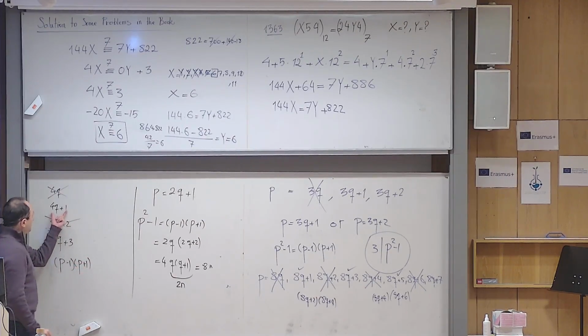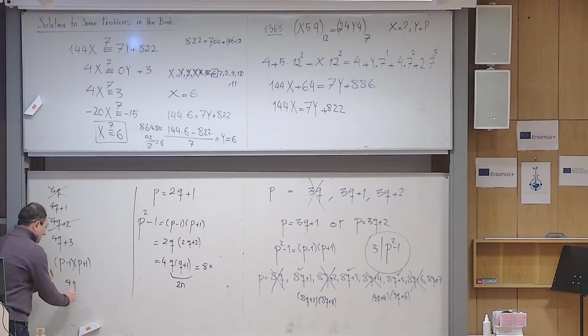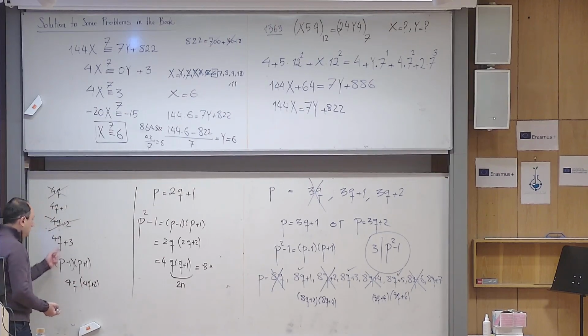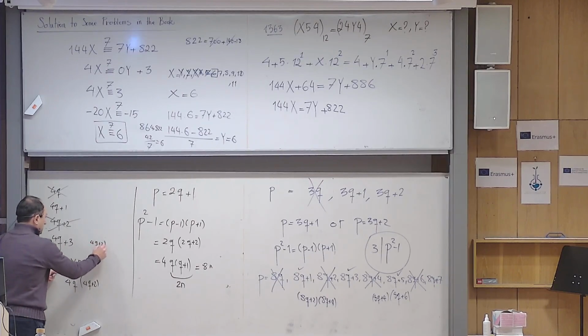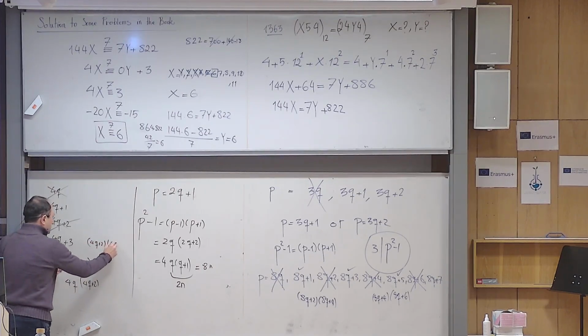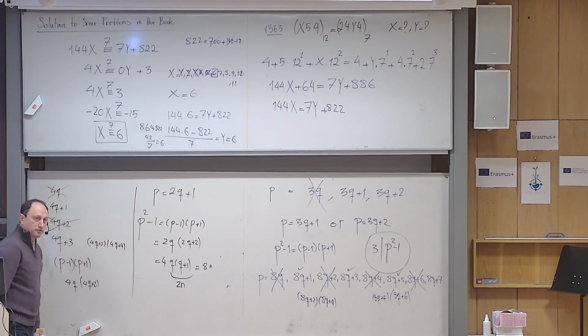If my number is of this form, this becomes 4Q and this becomes 4Q plus 2. I factor a 2, I have my factor of 8. If this is my number, then this becomes 4Q plus 2, and this becomes 4Q plus 4. I factor a 4, a factor of 2, I already have my factor of 8.